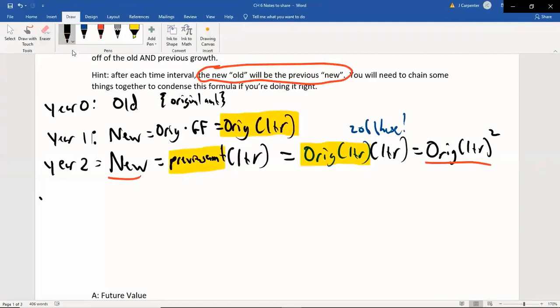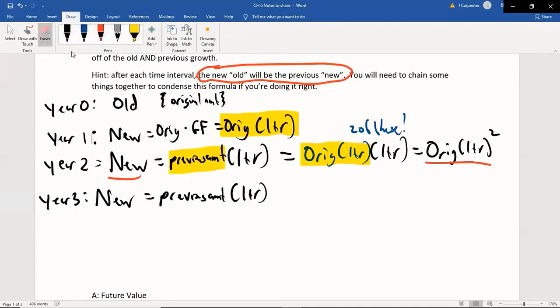Now let's go to year 3. The new amount for year 3 should be the previous ending amount times another growth factor. Now, when I say previous amount, that's the ending value from the previous year.